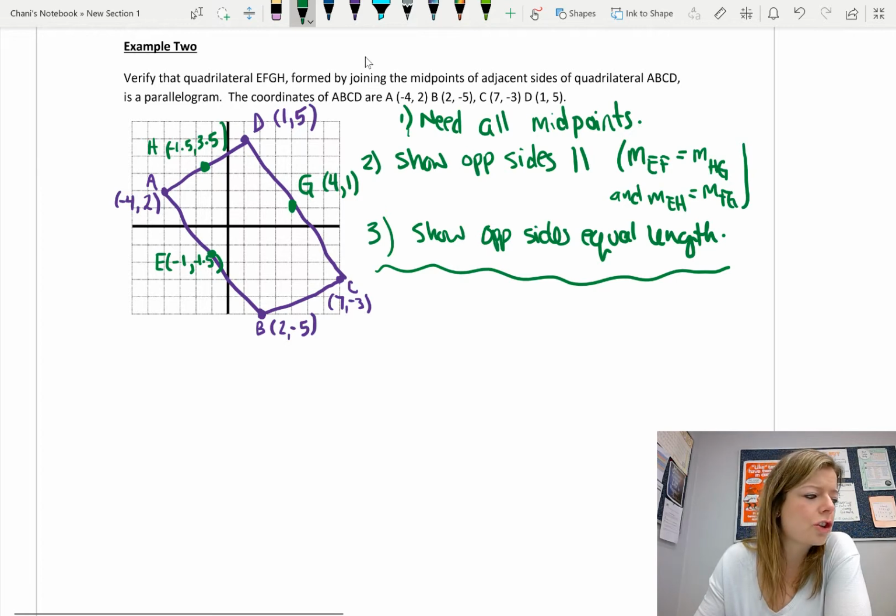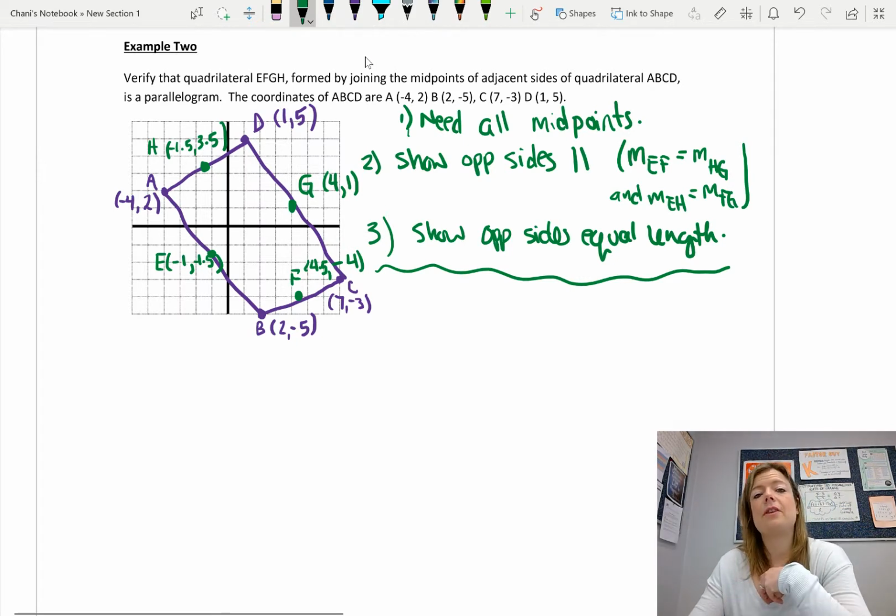So if you're not sure when it's okay to use fractions and when it's okay to use decimals, then always just use decimals. I didn't do this one perfectly because I didn't draw the line perfectly. But this midpoint F is 4.5 and -4.